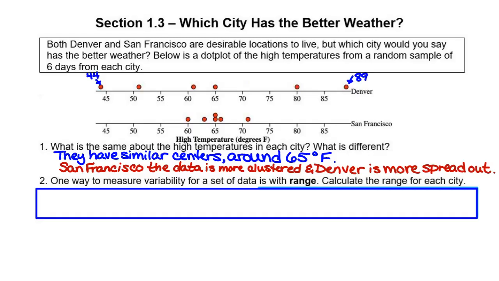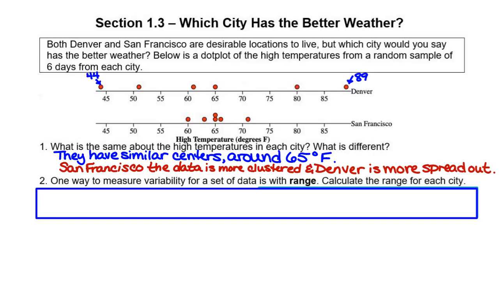One way to measure the variability for a data set is with the range. We did that yesterday. I want you to calculate the range for each city, and I have added up here, you can see those dots on the ends. On the low end for Denver, that farthest left dot is at 44. On the high end for Denver, that farthest right dot is at 89.